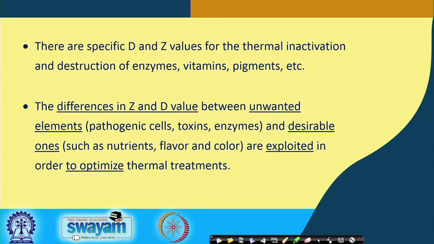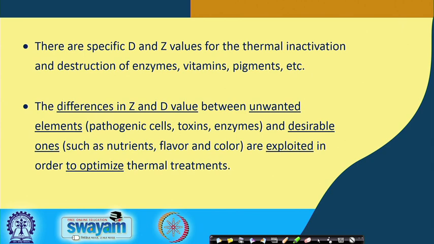That is, enzymes, vitamins and pigments, the other food constituents, and the microorganisms, that is, the unwanted elements in the food like pathogenic cells, toxins and enzymes, or desirable components in the food like nutrients, flavor and color.